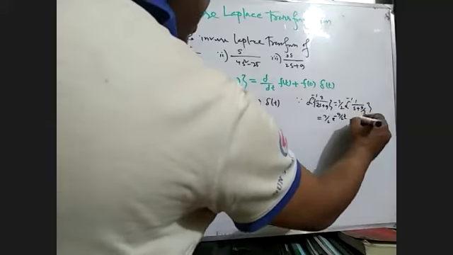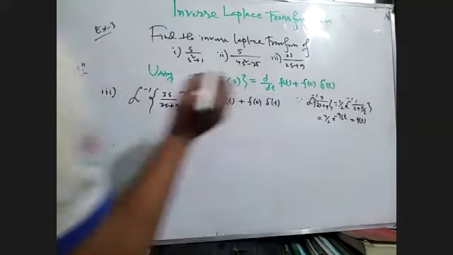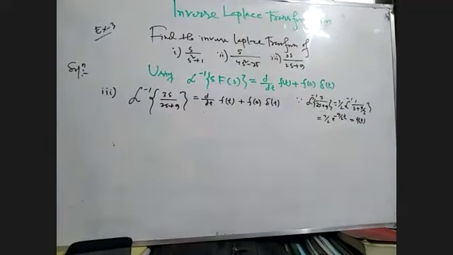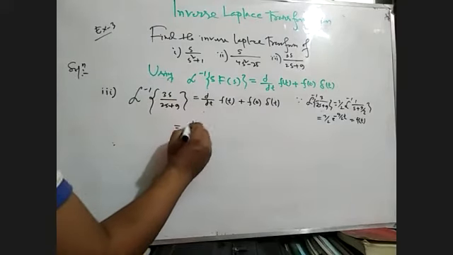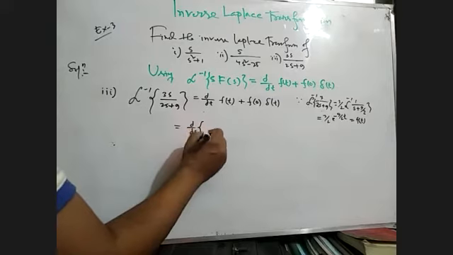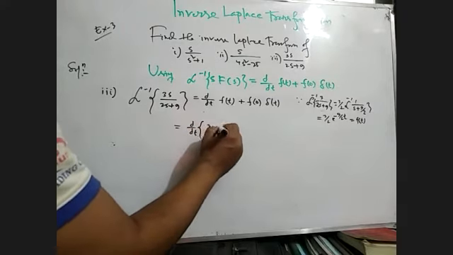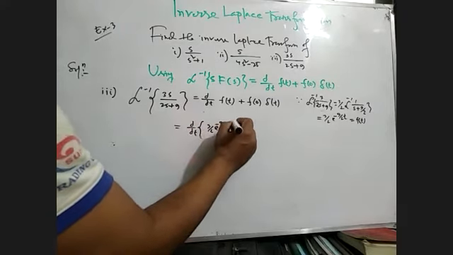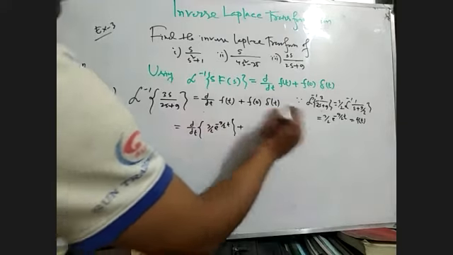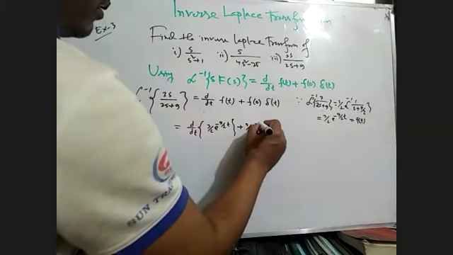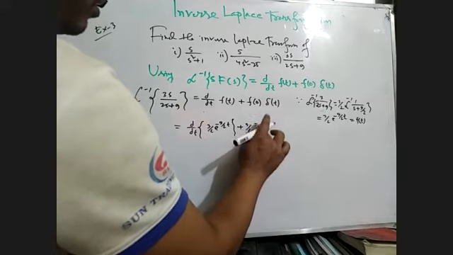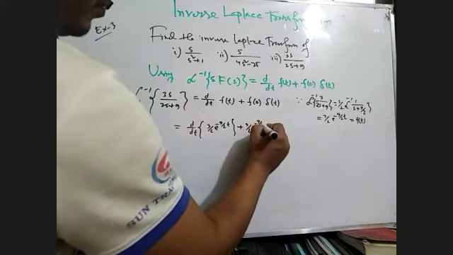This is the original function f of t. Now inverse of this, what will be? Just putting d/dt of 3 by 2 e to the power minus 9 by 2 t. F of 0 what will be? 3 by 2 e to the power minus 9 by 2 into 0.